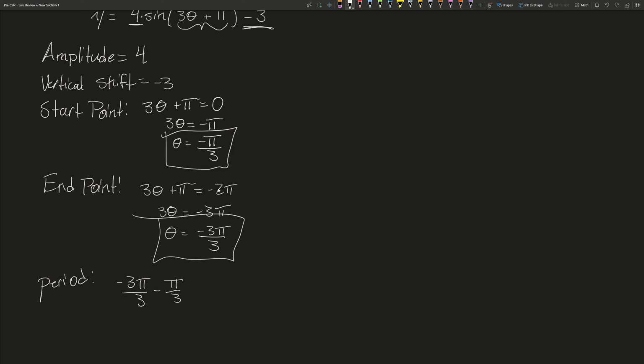So we're just trying to find the distance, right? So -3 minus 1, that's -4. So our period in this case is -4 pi over 3, but because we're talking about distance, this has to be positive. Sorry, that should be positive. That changes a couple things.